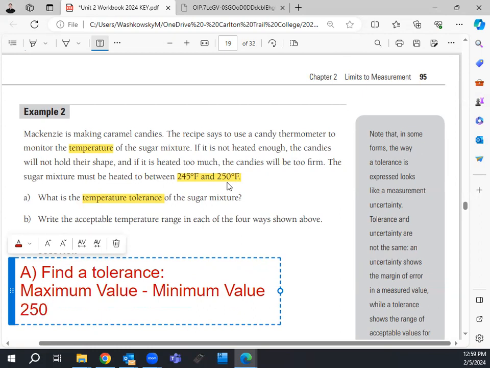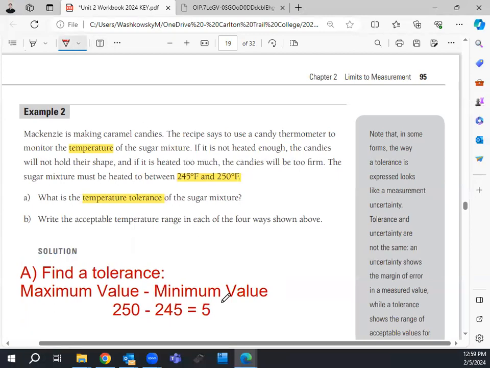So the maximum value here is 250. What's the minimum value? 245. So what's that going to equal out to? 5 degrees, specifically 5 degrees Fahrenheit. I'm going to circle that because that's my final answer.